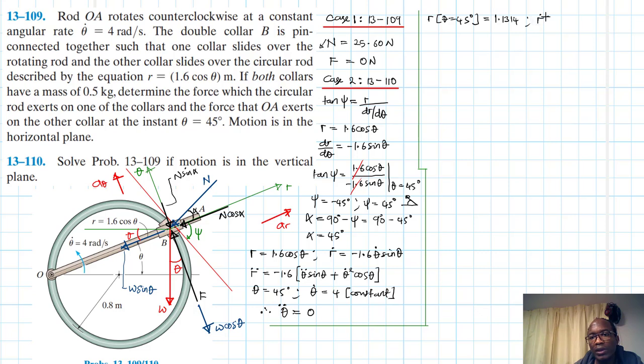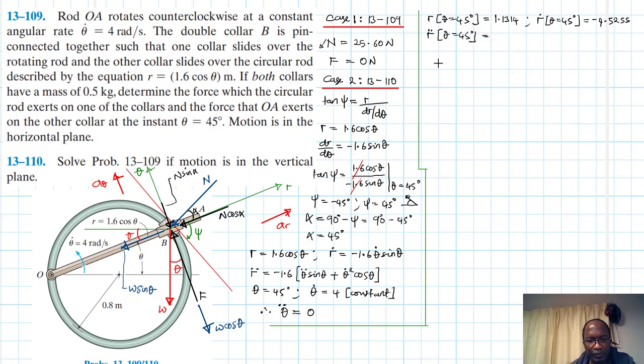Then r dot at theta equal to 45 degrees is minus 1.6 times theta dot, which is 4, times sine 45. So this is minus 4.5255.